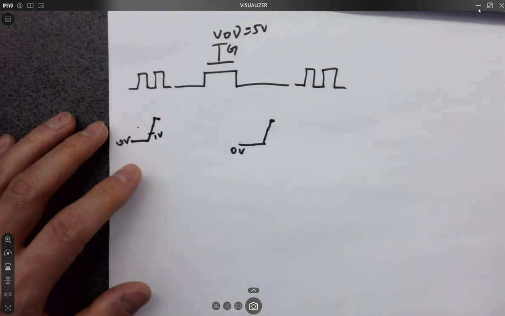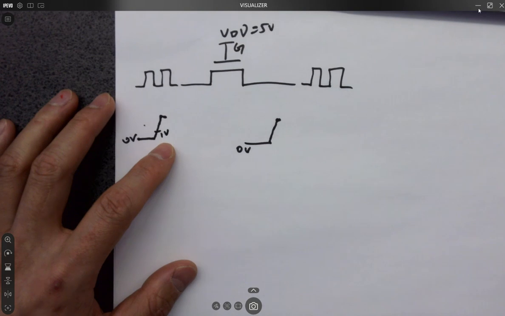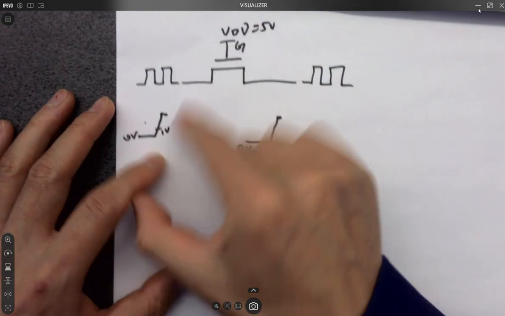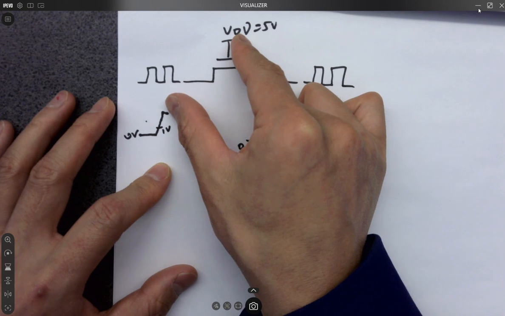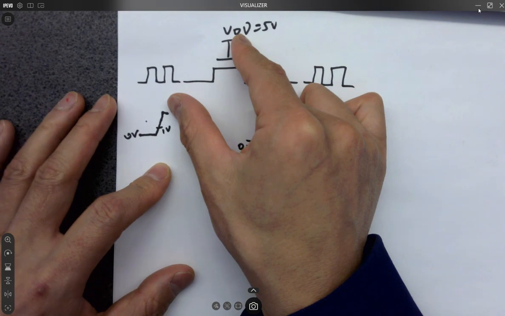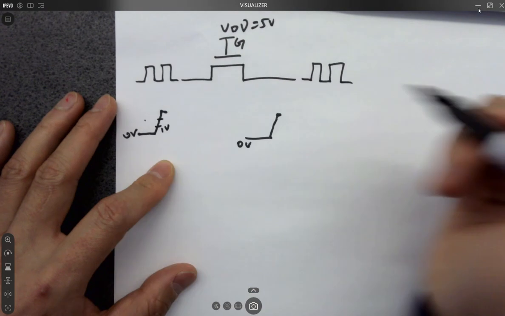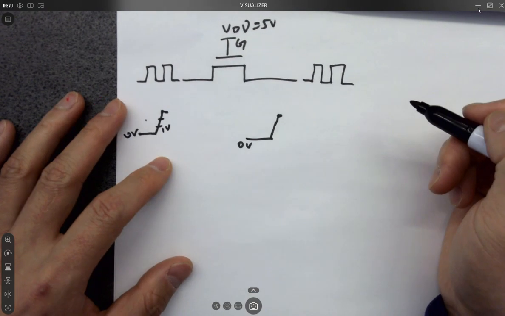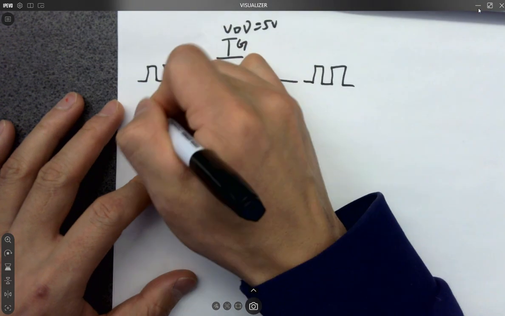Like 0 volts. Can 1 volt pass through the NMOS or no? Yes. 5 to 1 difference forms a VGS. The difference is like 4 volts. The threshold voltage of the NMOS is like 0.8 volts. So no problem at all. 2 volts, of course. Until when? 4.2 volts.